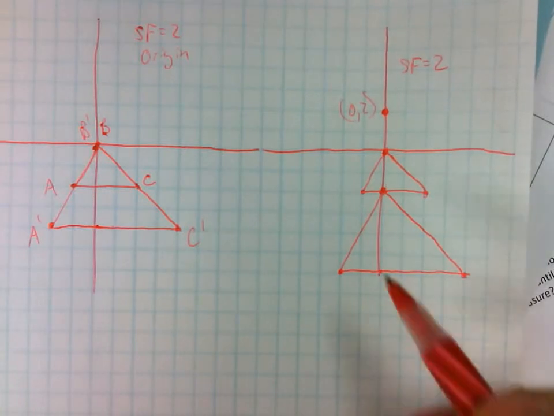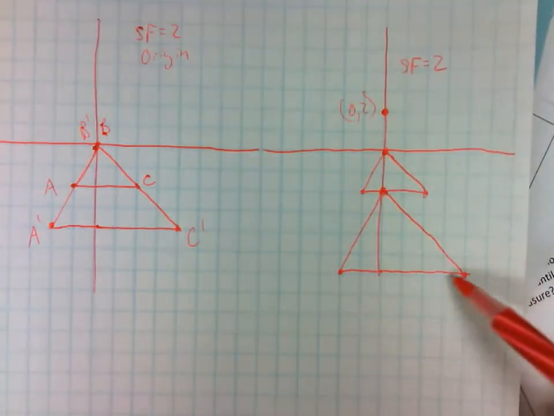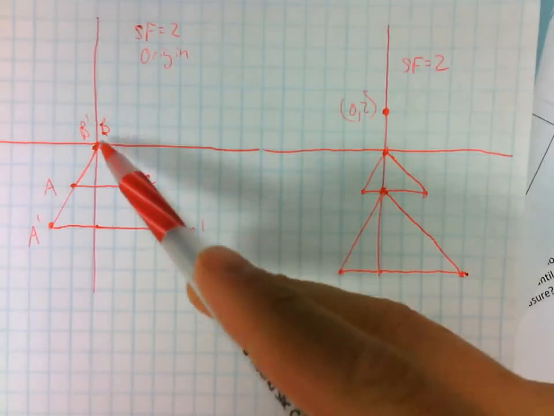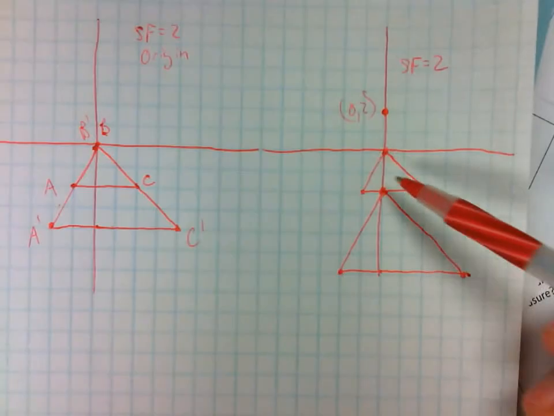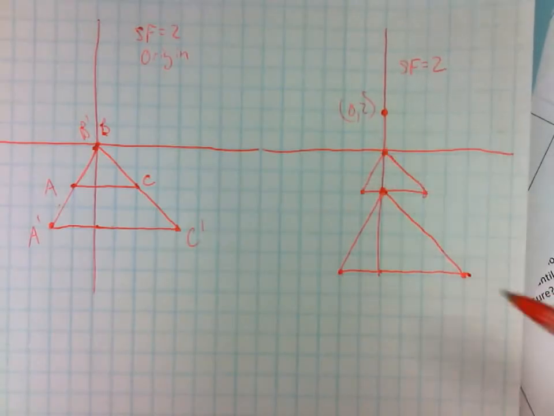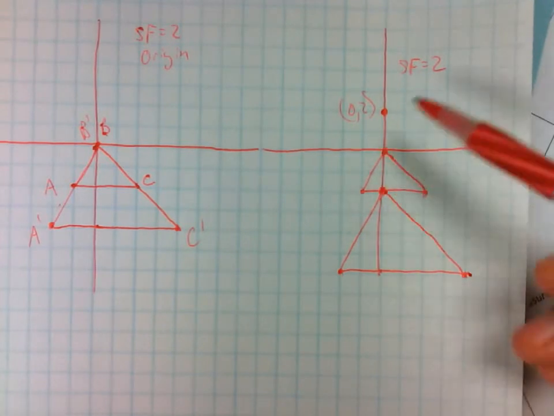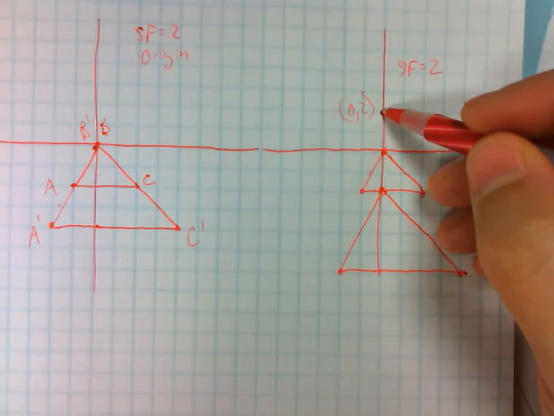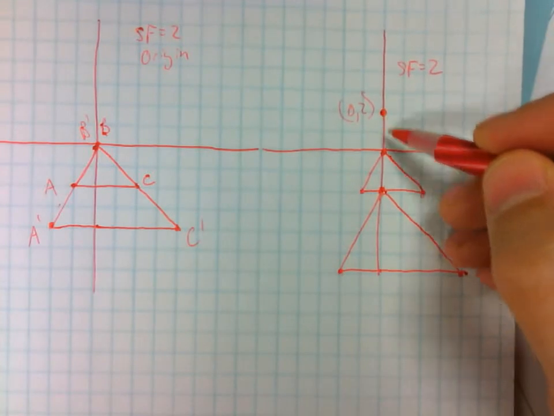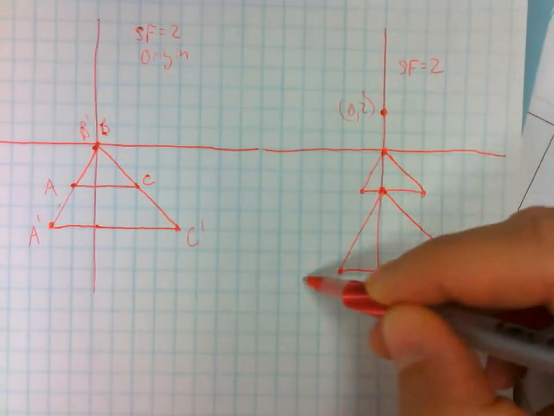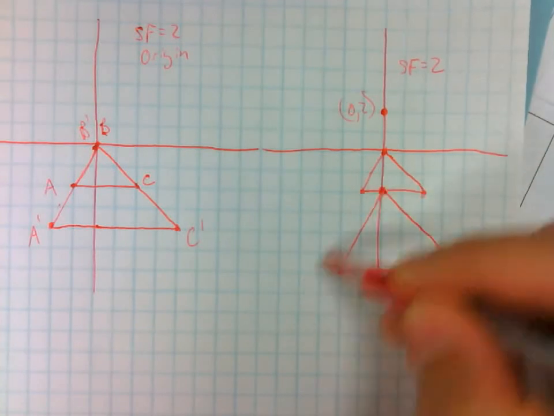Okay, now if you notice, this figure right here, this triangle, is the same size as this triangle. And both of those are double the size of this triangle. Now when you're doing your dilation, don't think, oh, this point should move out here so that it lines up along this. We don't care about that.